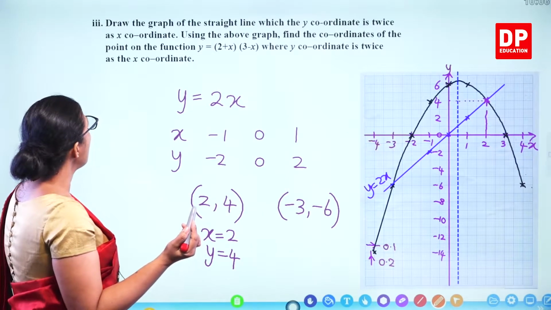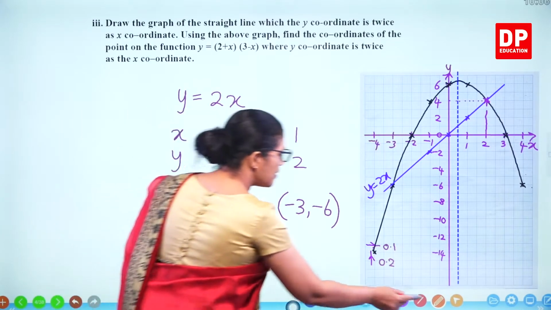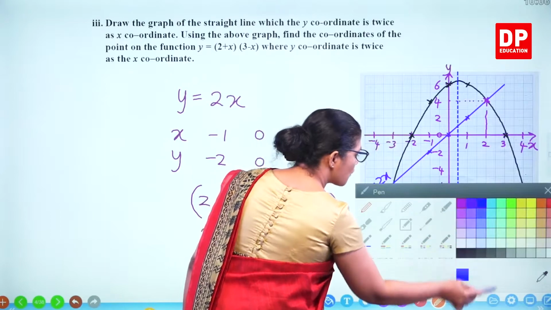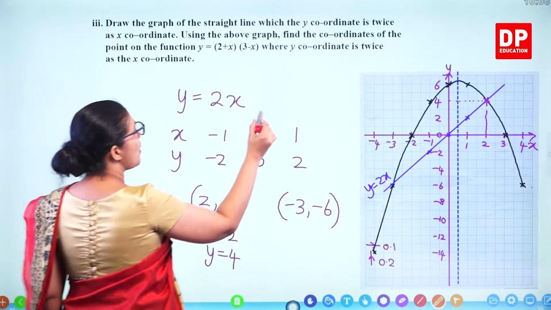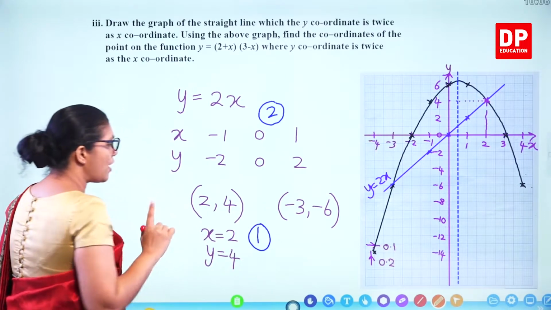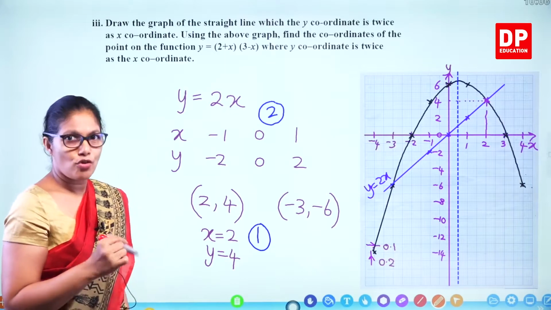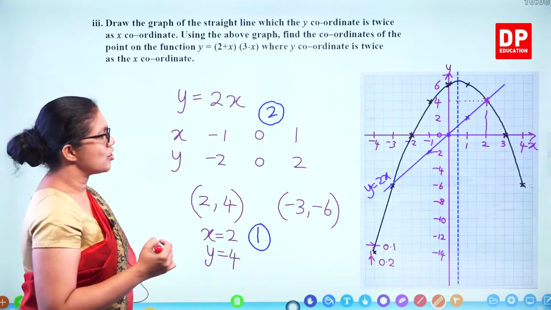Using the above graph, find the coordinates. So that's the last part. We can give 3 marks for this step. Drawing this one, 2 marks, and finding a point, 1 mark. So altogether you get 10 marks for this question.